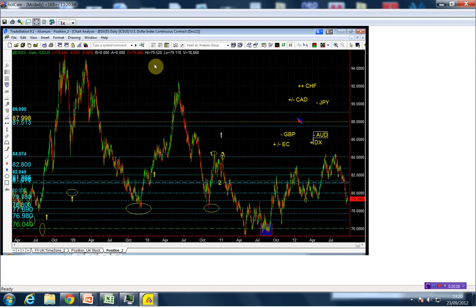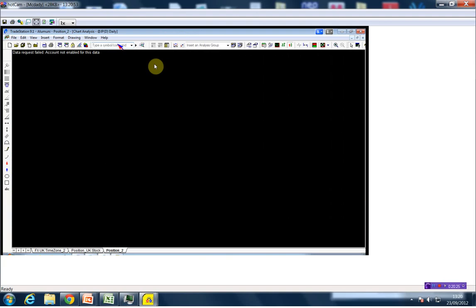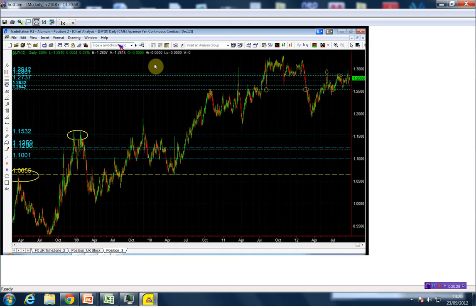Okay. Now we go to the Japanese yen. The Japanese yen and the Australian dollar are the two technically strongest, even though I said we want to short the Aussie.